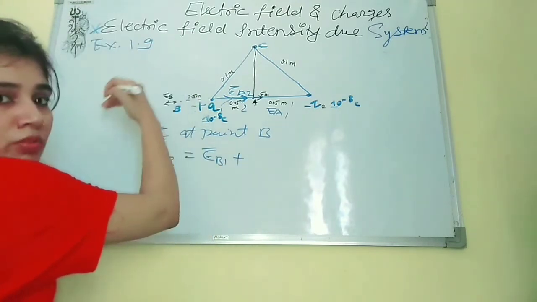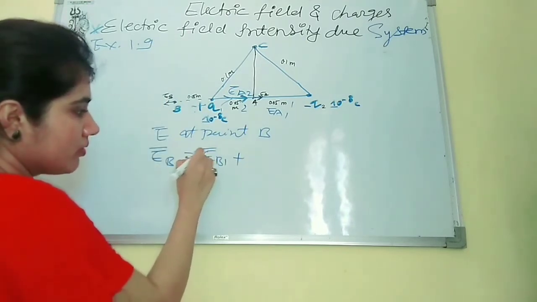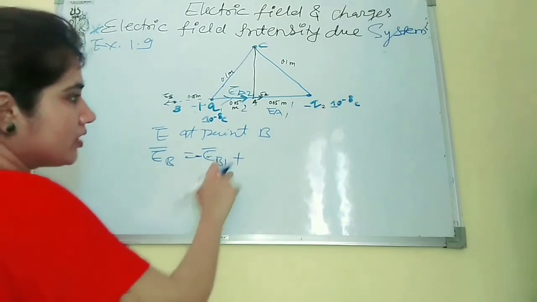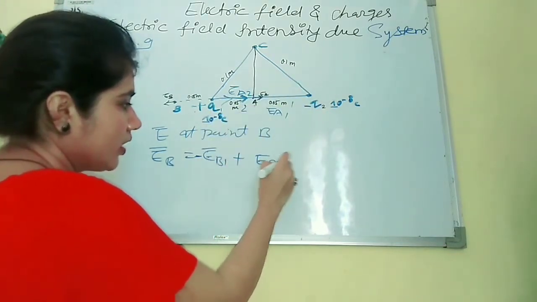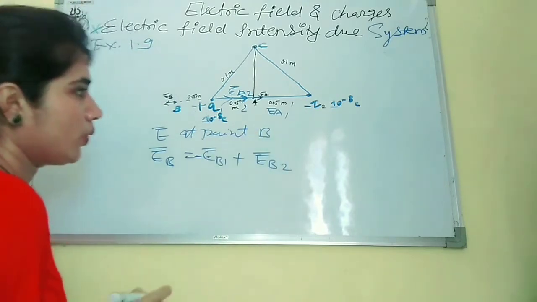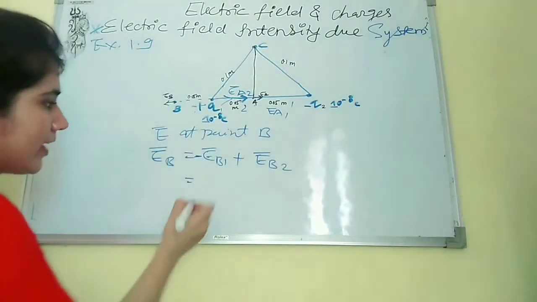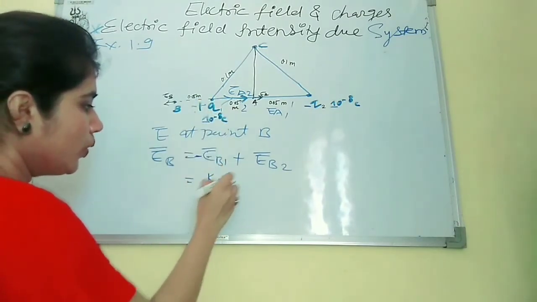It has a negative charge, so the direction we will see negative, and this will be in a positive direction, so this will be EB2 for this reason.